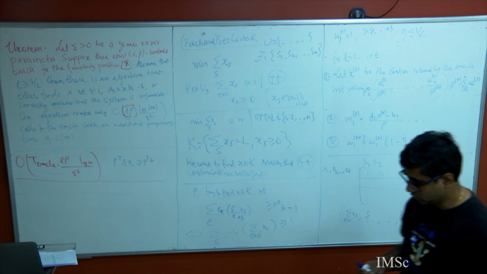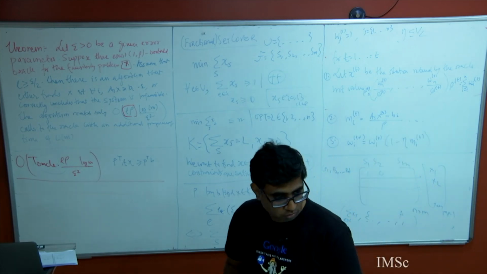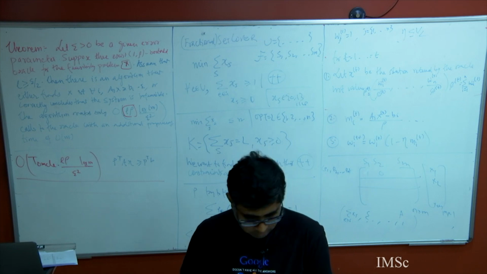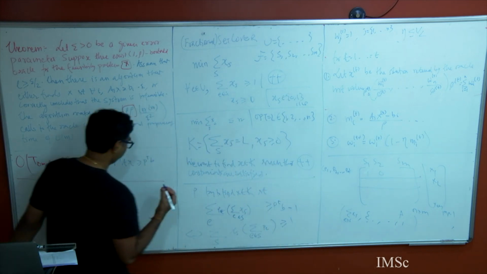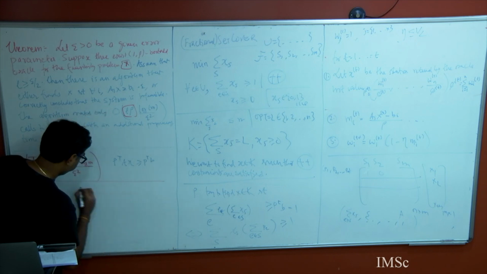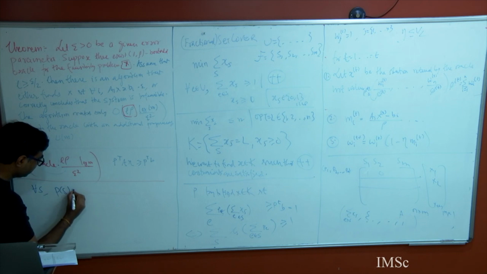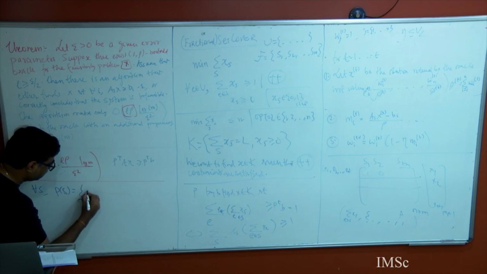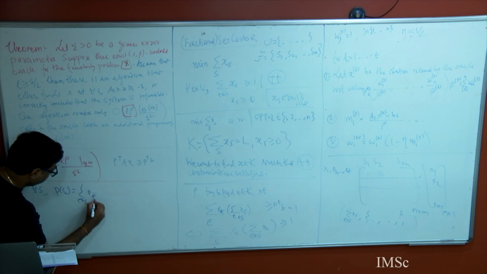Okay, so let's use this space to understand what is happening. Now I'm going to define a quantity for S. Let's define P of S as summation E in S, P_E.